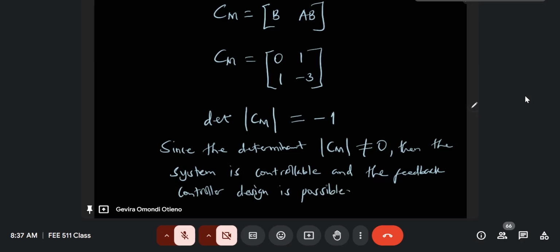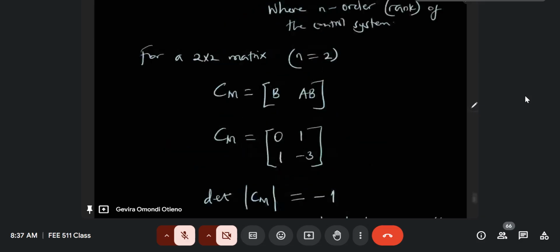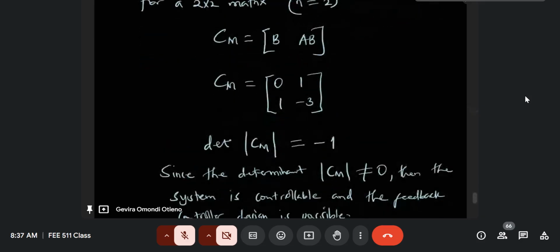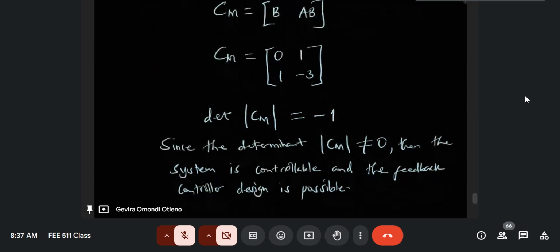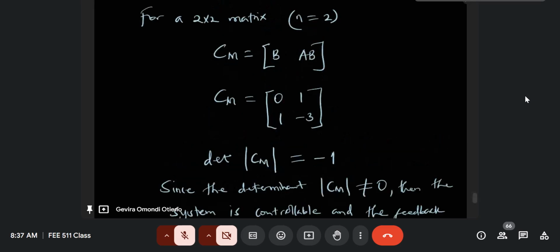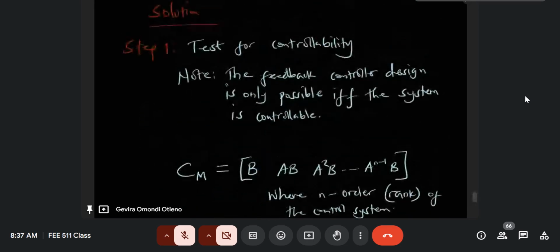If you find that your system is not controllable, then you don't even need to do the design, because the design is only possible if your system is controllable. I indicated that here, that the feedback controller design is possible if and only if the system is controllable.